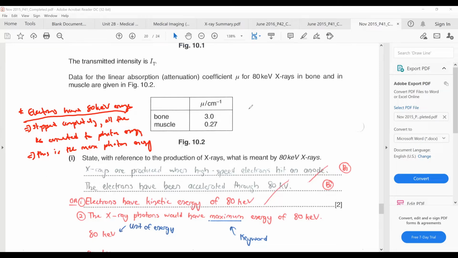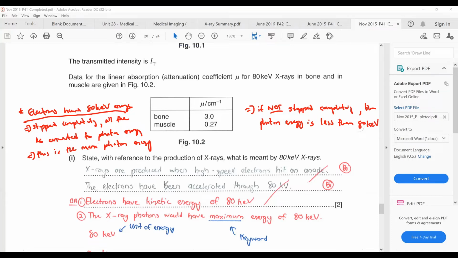Now, if not stopped completely, the photon energy produced, the photon energy is less than 80 keV.